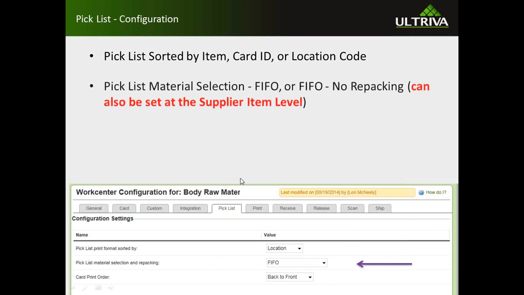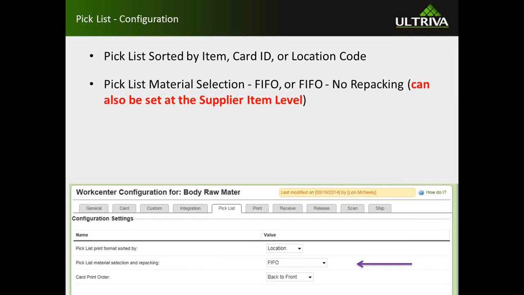Next, you have the option on how you want to pick the material. If you want to do first in, first out, or first in, first out, no repacking. And Nandu can tell us what the difference is between those. Yeah. The first in, first out with no repacking means, for an example, if you are receiving the parts from the external supplier for 100 pieces, and then the assembly line is asking for 75 pieces, you are not going to repack.